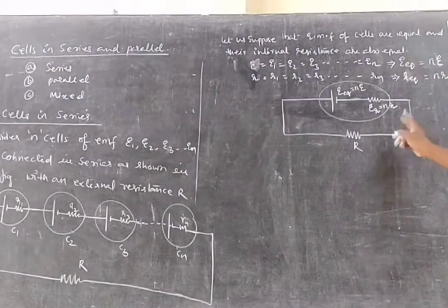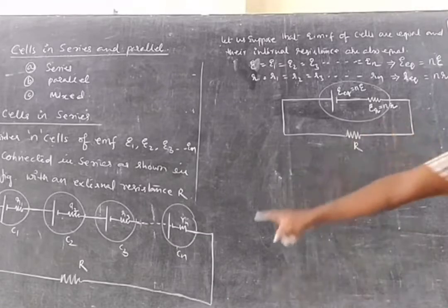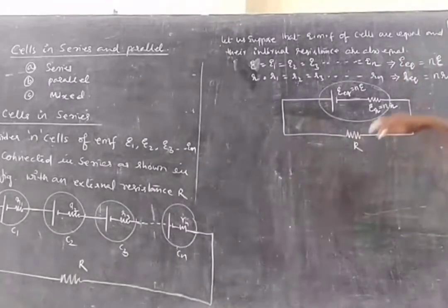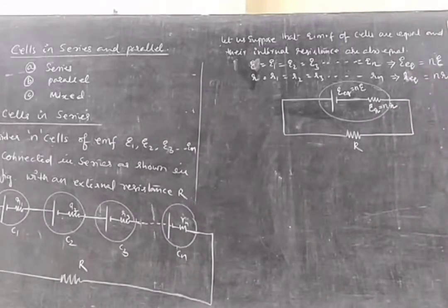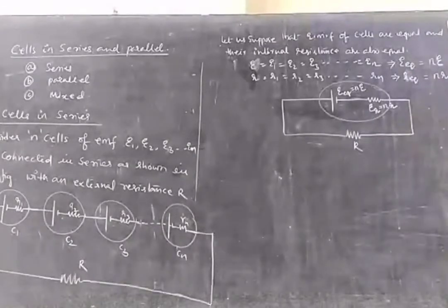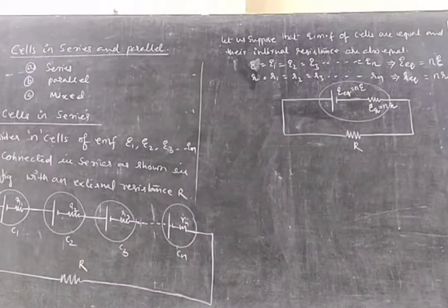So this circuit was redrawn, assuming that the EMF of each cell is equal and the internal resistance of each cell is equal.